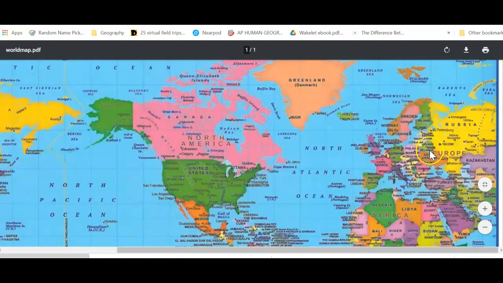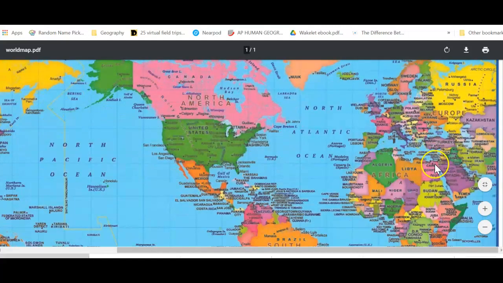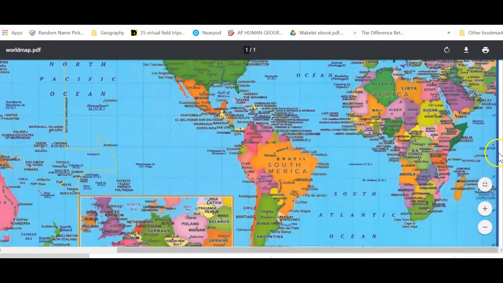So I'm going on the 30 line, and I'm going from Pakistan to 30, puts me right here in this area, 30, 30.